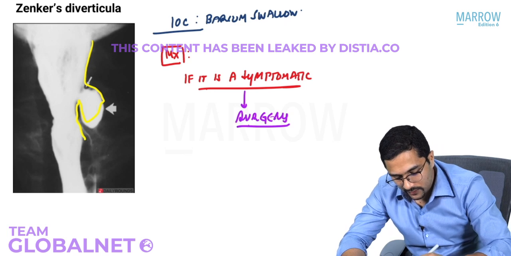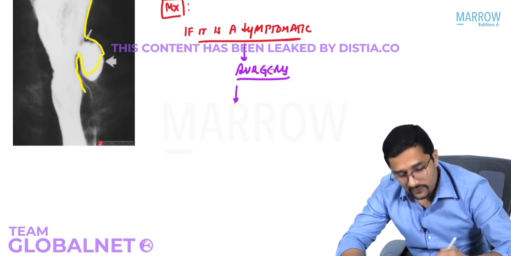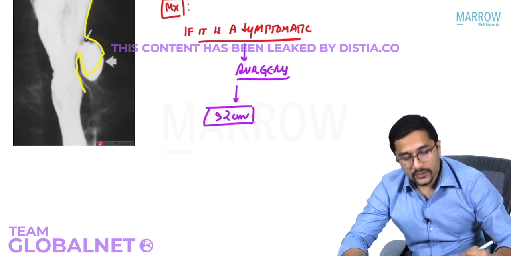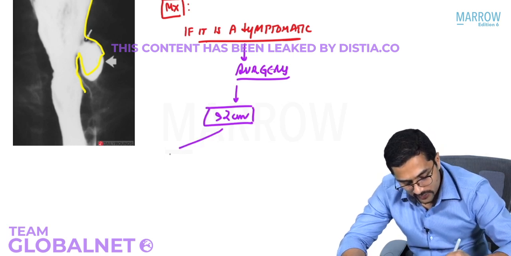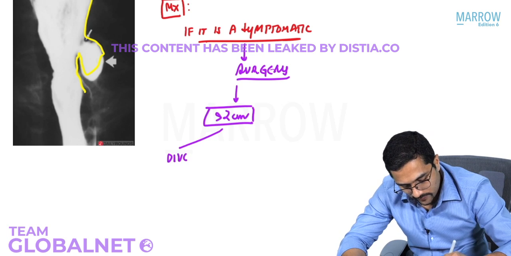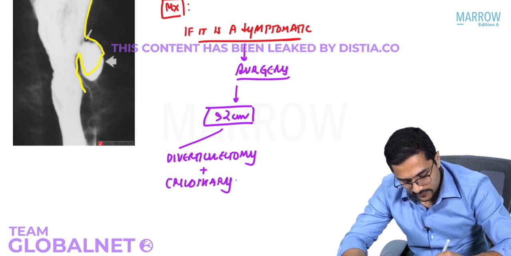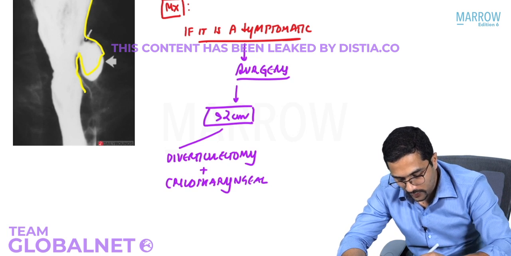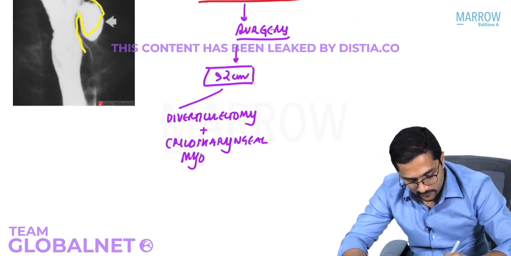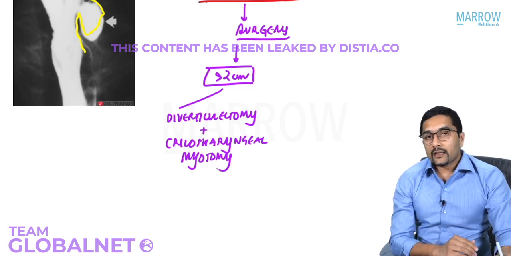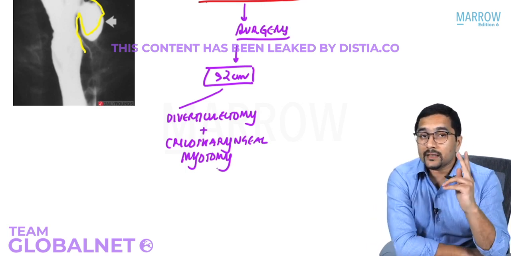If the diverticulum is more than 2 centimeters in size, then the two options are that we can do a diverticulectomy plus a cricopharyngeal myotomy. Diverticulectomy means we are cutting the diverticulum, and cricopharyngeal myotomy means we are cutting the muscle.